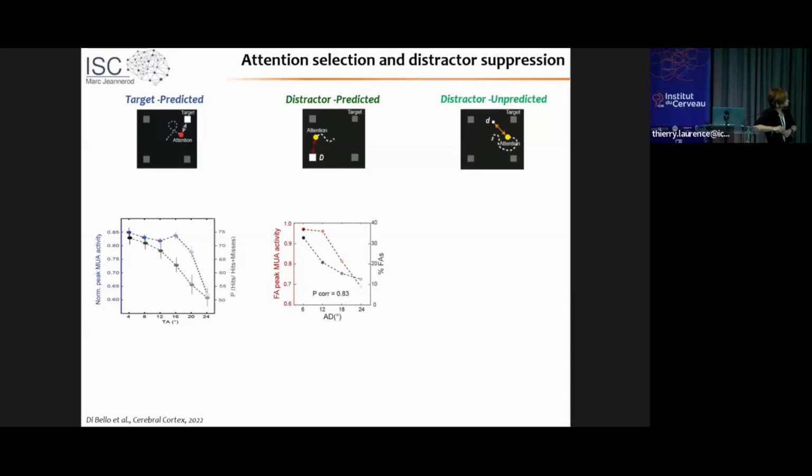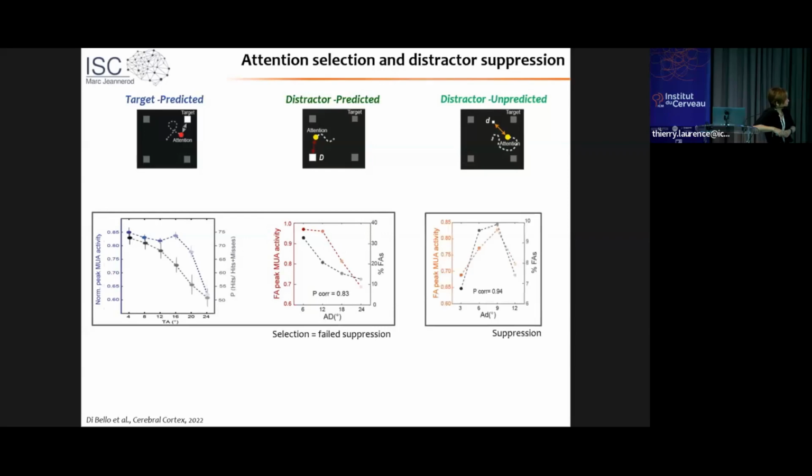We observe the same spatial relationship between attention and distractor location for the predicted distractor, and this suggests that the selection of any type of stimulus, whether target or distractor, by the attentional spotlight corresponds to a failed suppression and a response to that target.